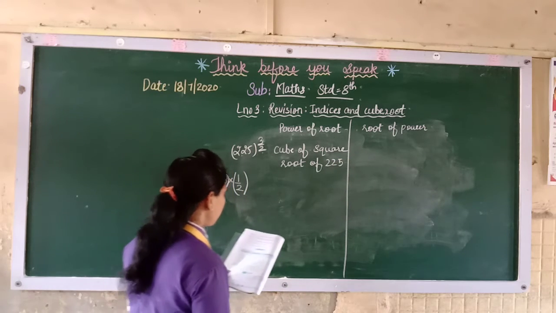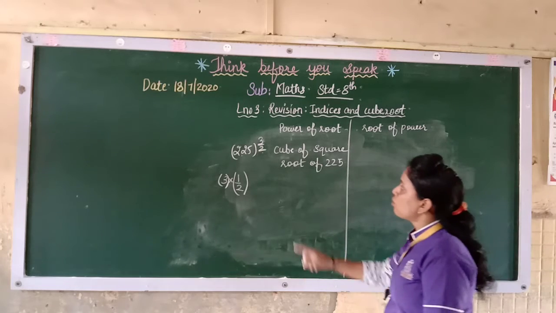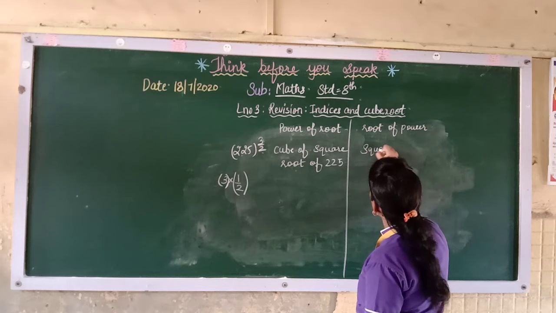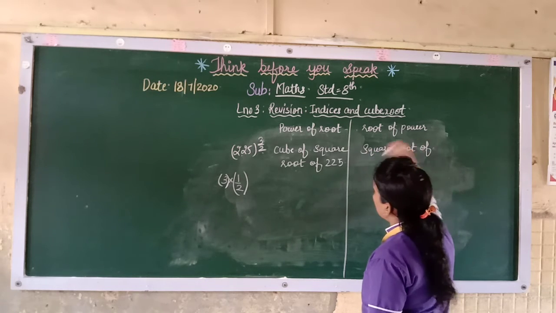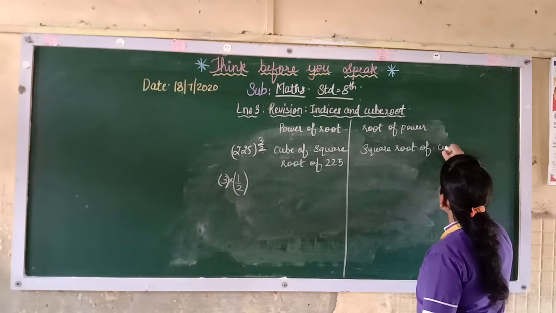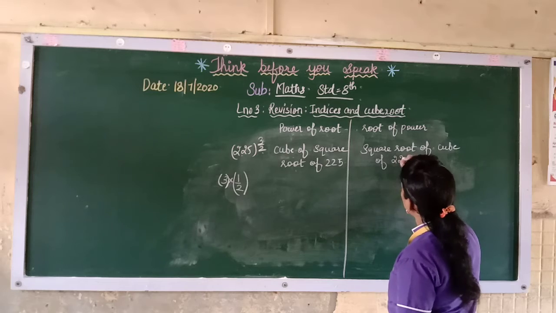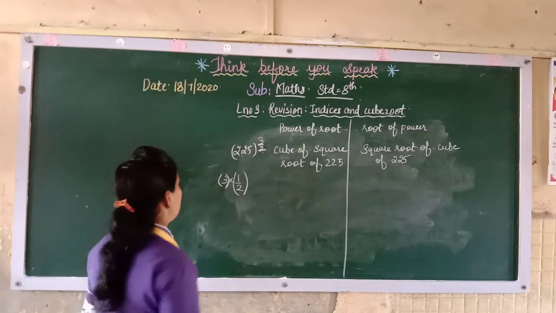Now for the root of power, first we have to write root. So here root is what? Square root. So here you will write first square root of, power is what? Cube. So it will become square root of cube of 225. So I hope you have understood this.